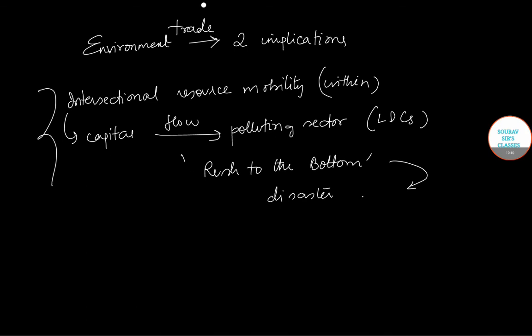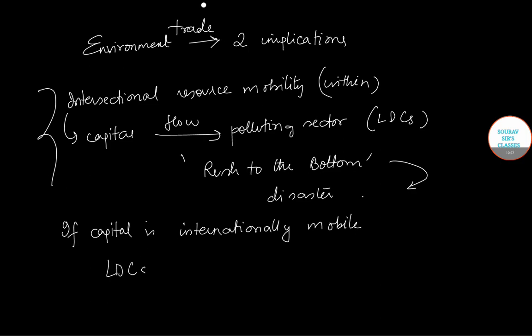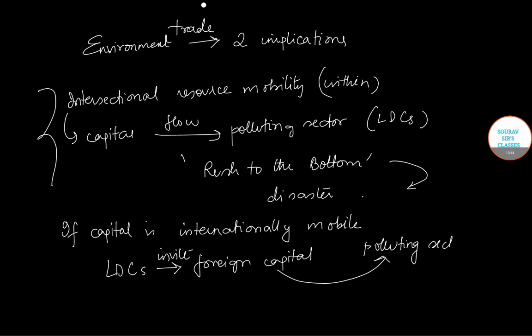So this is one implication, and the other implication is that if capital is internationally mobile, then these less developing countries may invite foreign capital into the polluting sector, and this will give rise to the scenario of the pollution haven hypothesis.